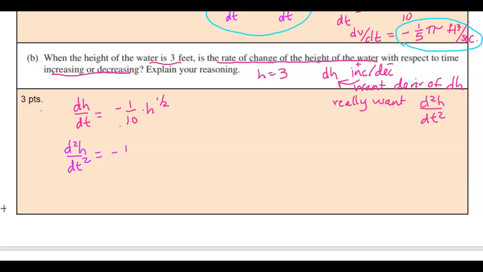So negative 1/20 h to the negative 1/2 times dH/dt. Okay, still implicit derivatives. So we get our second derivative. It's negative 1/20 times, let's see, I'm going to put the h down here. And then dH/dt, once again, is negative 1/10 root h.